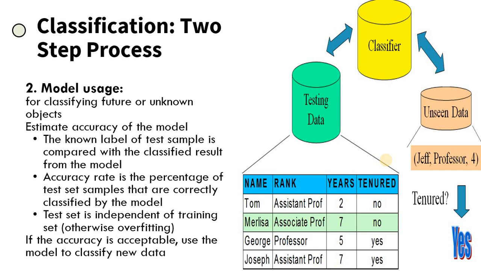The unknown label of a test sample is compared with the classified result from the model. Accuracy rate is the percentage of test set samples that are correctly classified by the model, and the test set is independent of the training set.